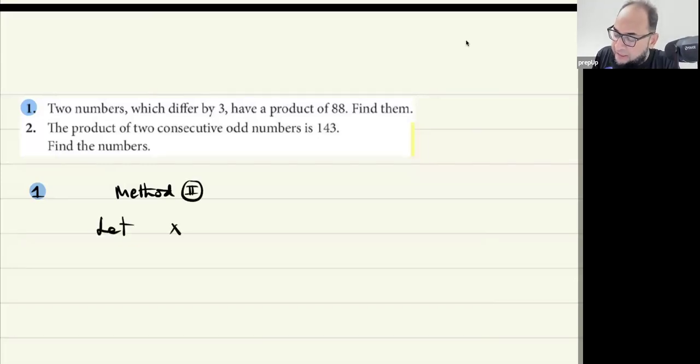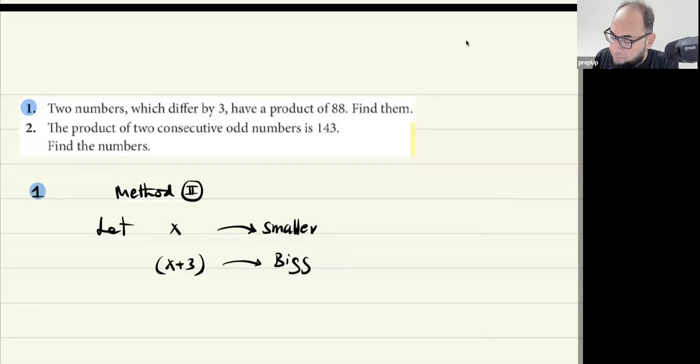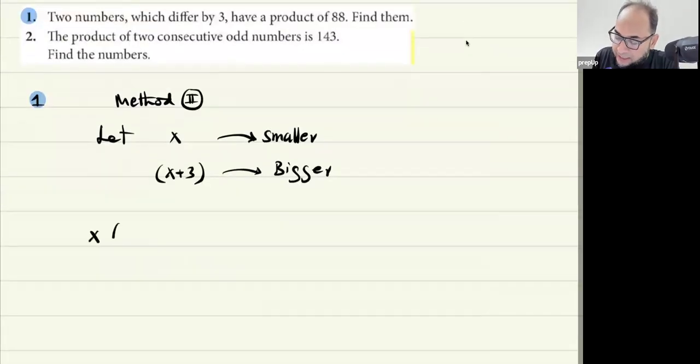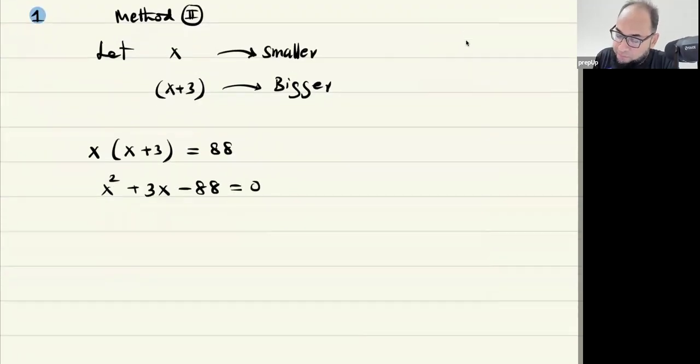Let x be the smaller number. Therefore, x plus 3 will be the bigger one. So x(x plus 3) equals 88. x squared plus 3x minus 88 equals 0.